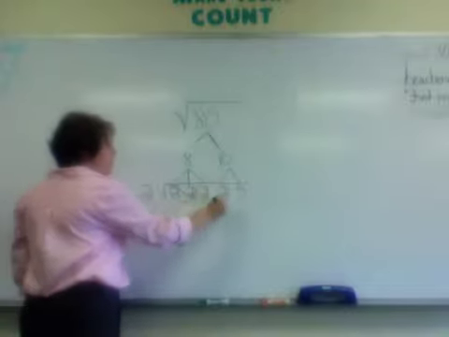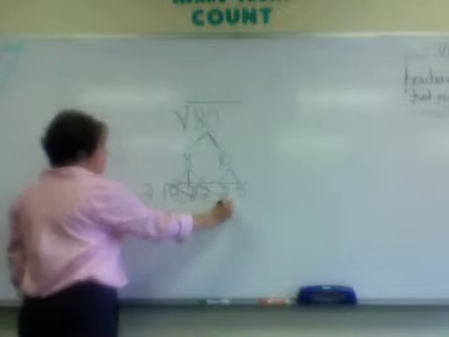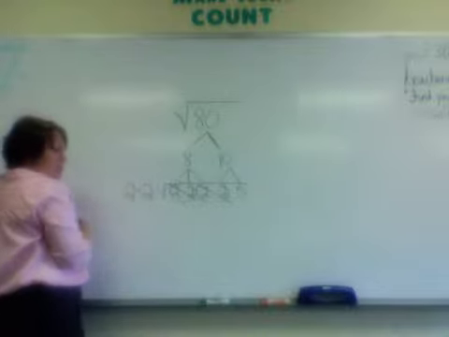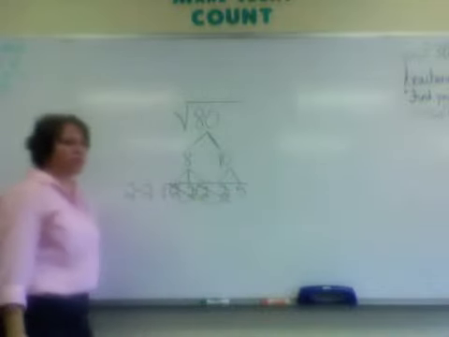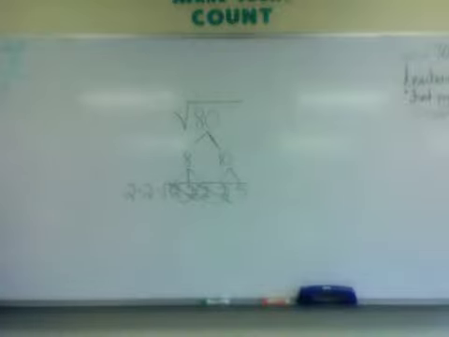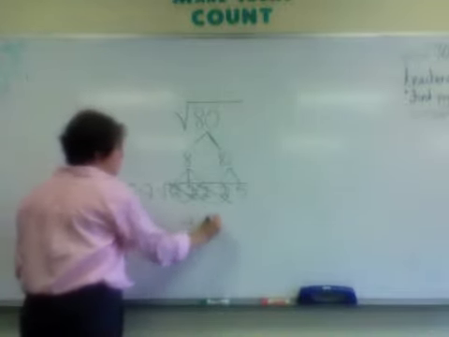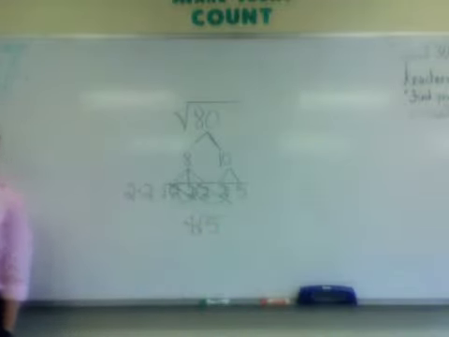Here is another 4, and the square root of 4 is 2. Now what do I do with these 2's? You multiply them together. And anything that's left under the radical, you would multiply back together. So the square root of 80 reduces to 4 square roots of 5.